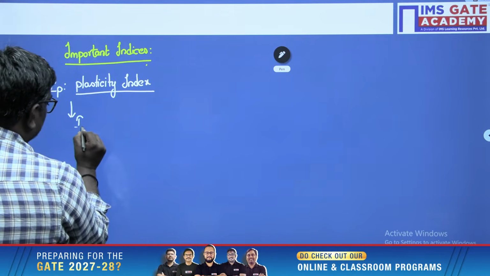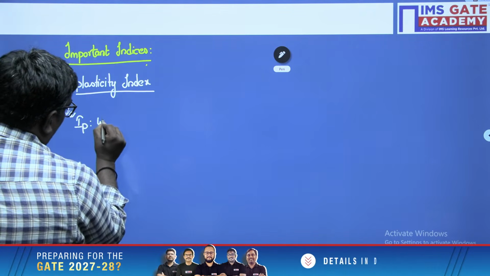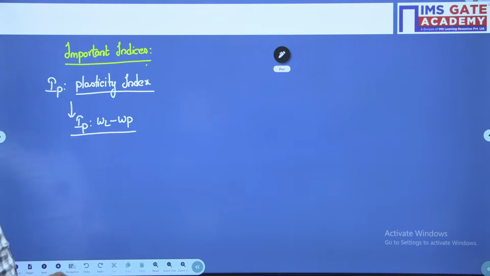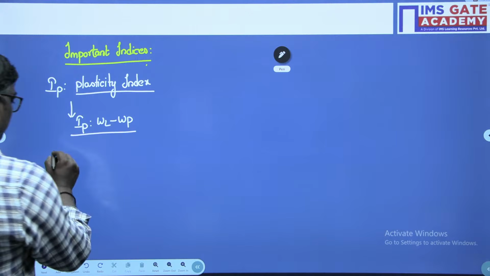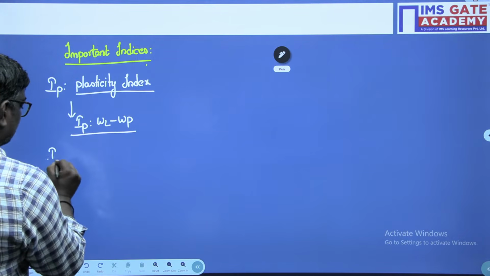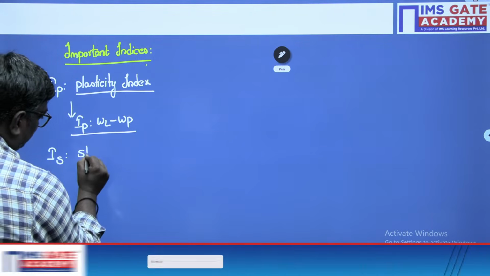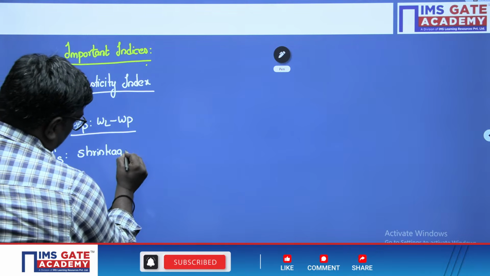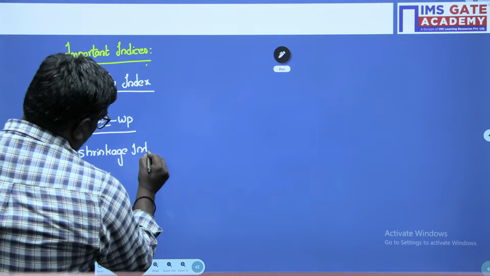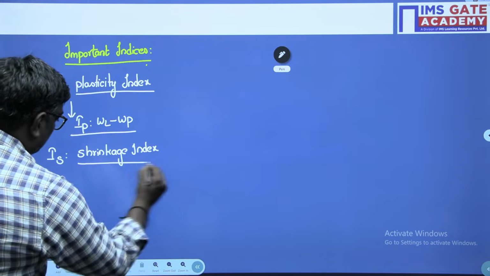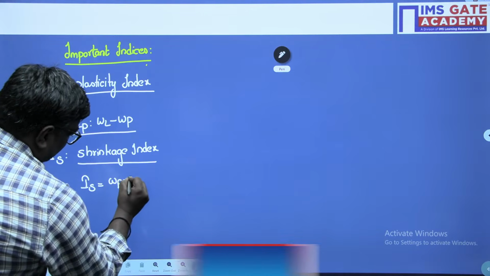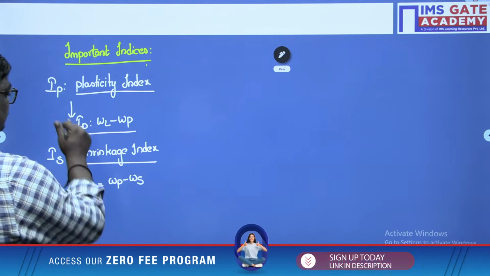IP will be taken as WL minus WP. This is known as plasticity index. Similarly, we have shrinkage index. IS will be taken as WP minus WS.